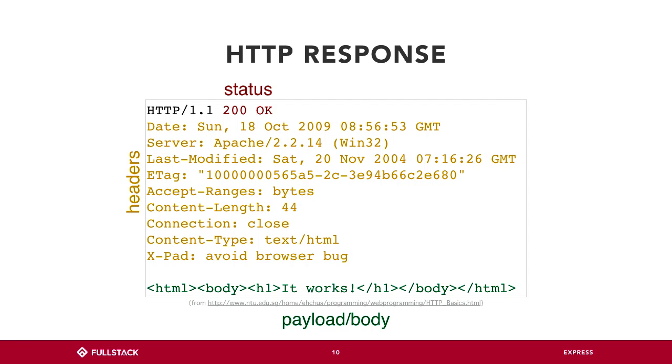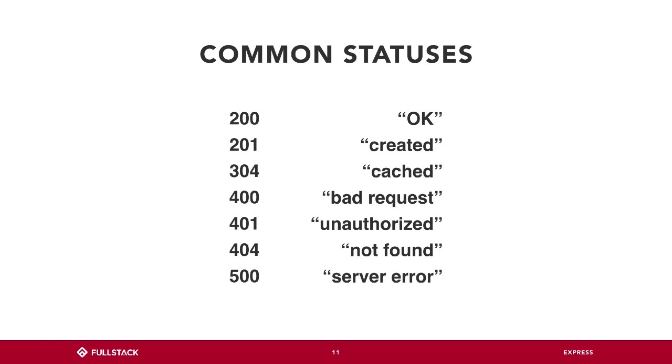on the client. When we think about the common statuses that you can get back, the most common one is OK. There are some other ones that you could end up using. When something is created, 201, and it's important to note that this is not automatic. This is up to you to decide what status to send back. Okay?